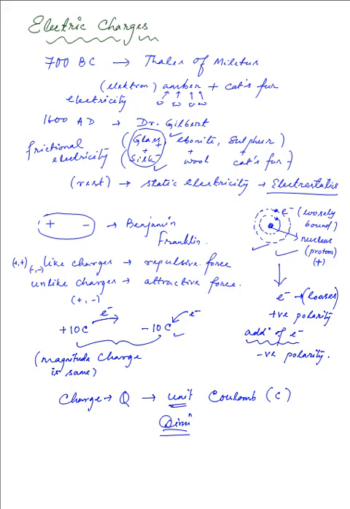We know from our basic studies in the junior classes that the current is actually the amount of charge that is flowing across a conductor divided by the time taken, and the current has a unit of amperes, while the charge obviously has the unit that we mentioned over here. The time is in seconds.